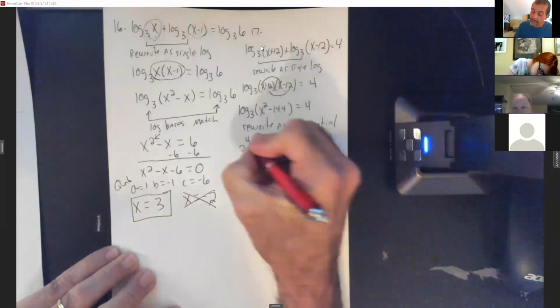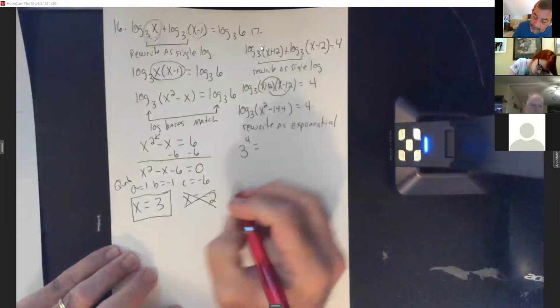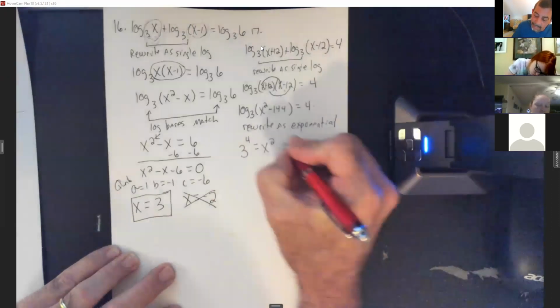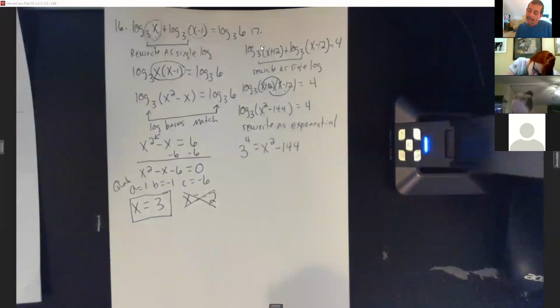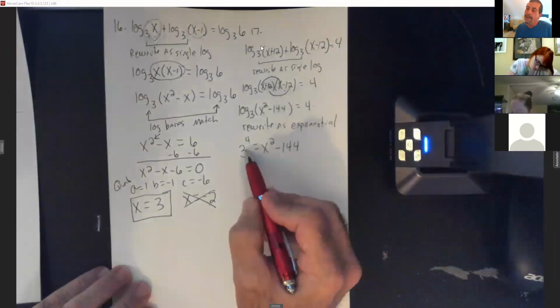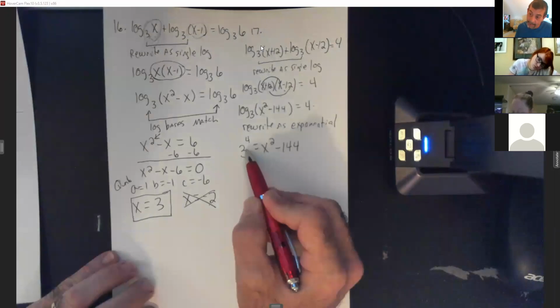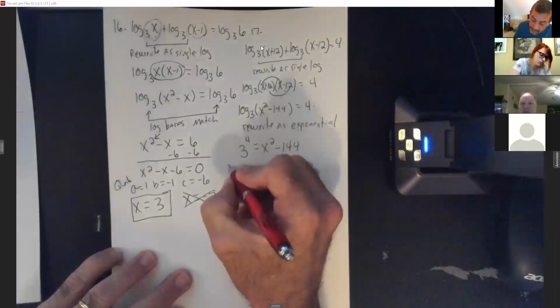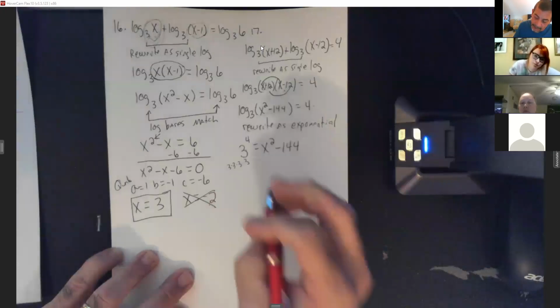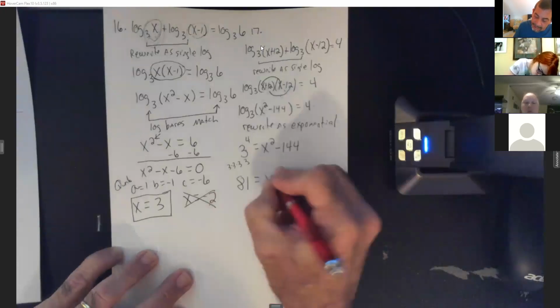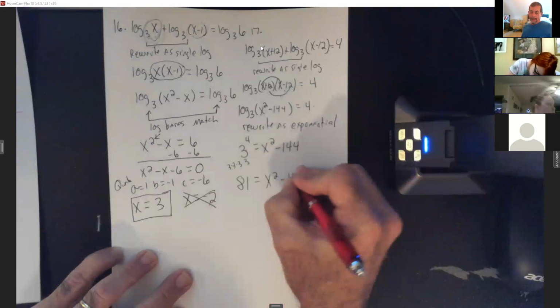And we know 3 to the 4th has to equal x squared minus 144. So my next step would be to figure out what 3 times 3 times 3 times 3 is. So that should give us what? 81 equal to x squared minus 144.